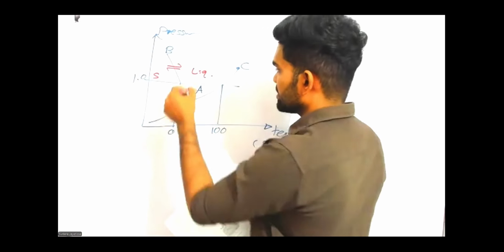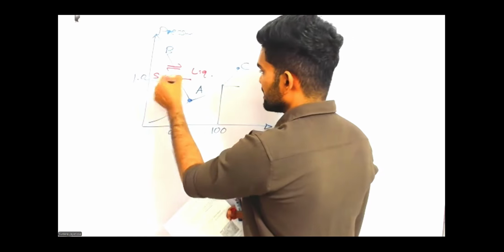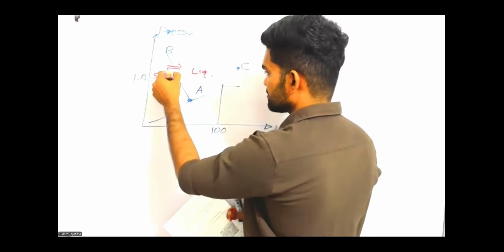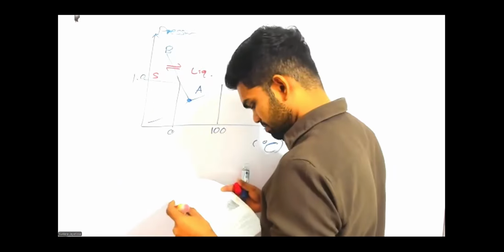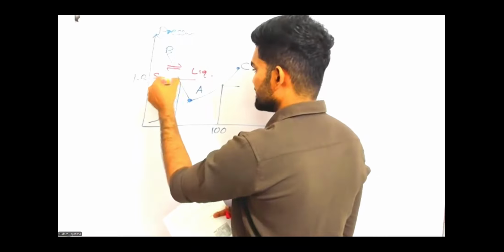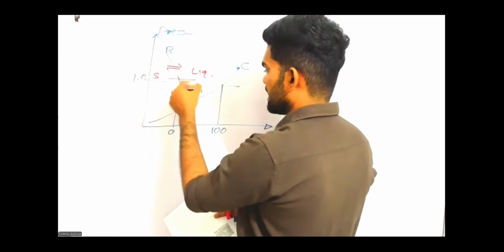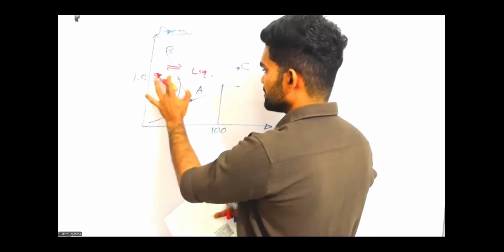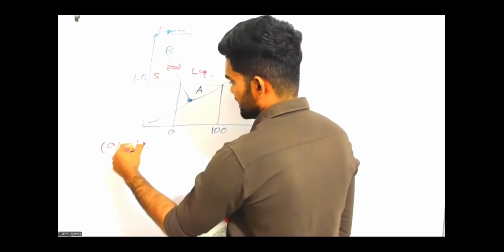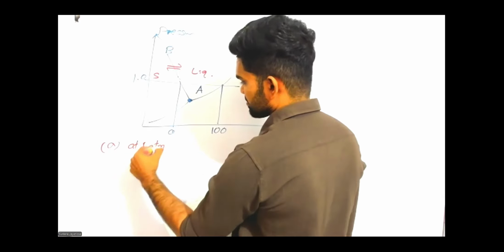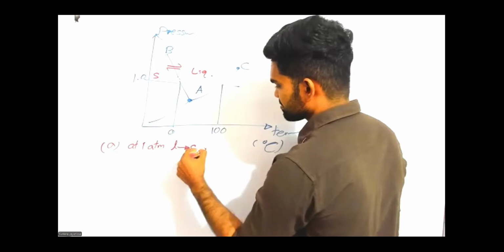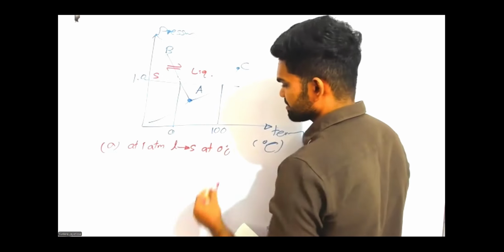Now let's say you want to convert this liquid into solid. You need to cool it, and you can see that temperature is decreasing. Now at this 180 m pressure, A is correct. At 180 m, liquid becomes solid at 0 Celsius.